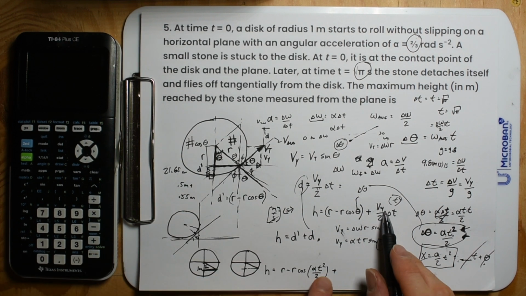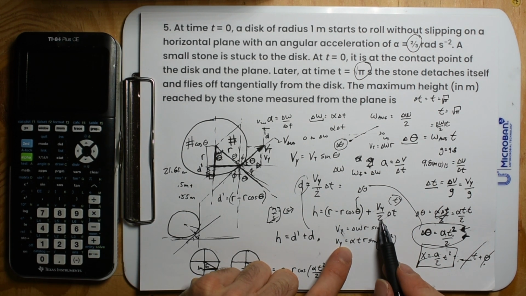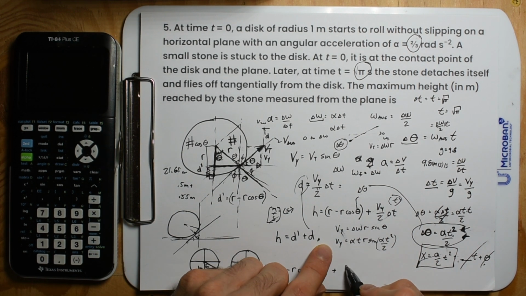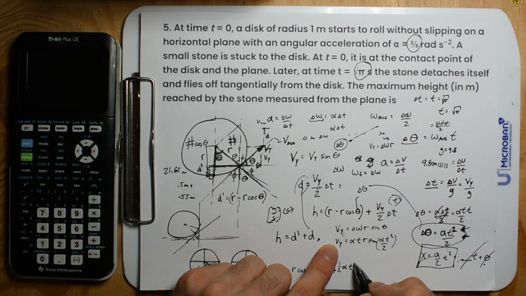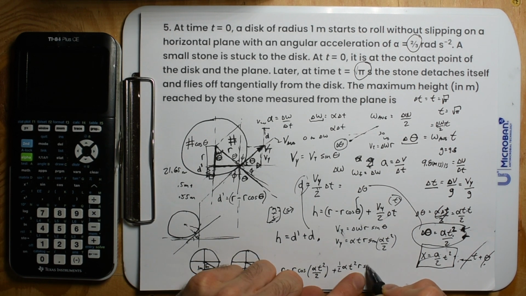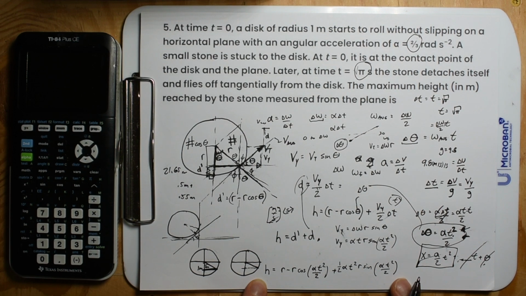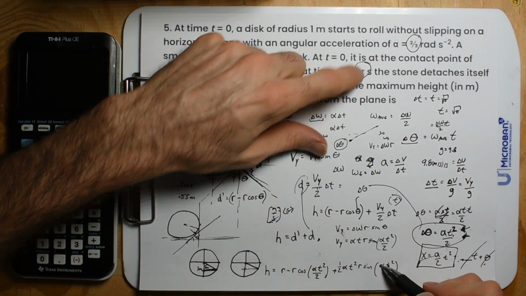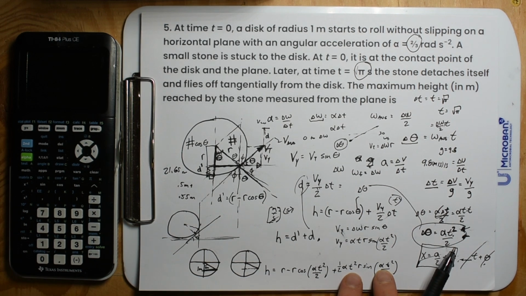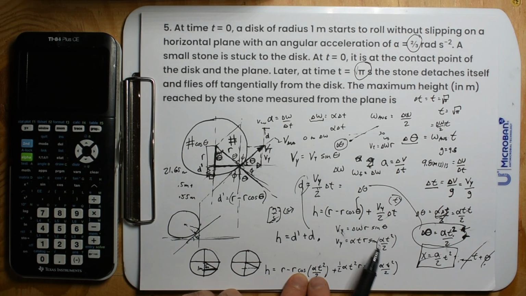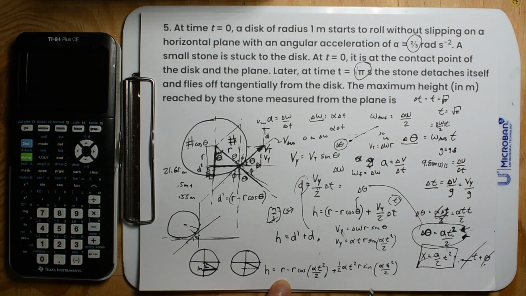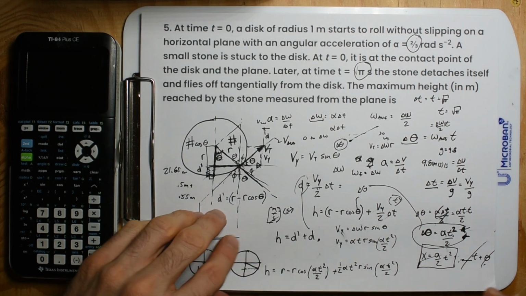Plus Vy divided by 2t, which is 1/2 alpha t squared, R sine of alpha t squared divided by 2. Booyah. And that's it. Our time is there, our alpha is there. Time, and alpha is angular acceleration. And then we have our input as the radius.